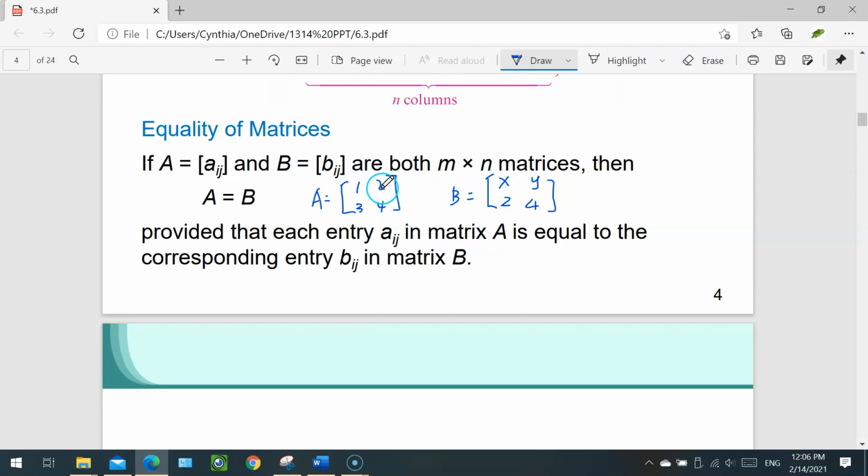Matrix A is 2 by 2, let me write it on the side. Matrix B is 2 by 2 as well.